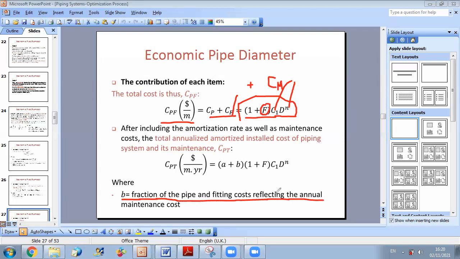Okay, so the total cost, taking into consideration الامortization rate plus the fraction B due to maintenance, becomes (A plus B) times (1 plus F) times C1 D to the power n.